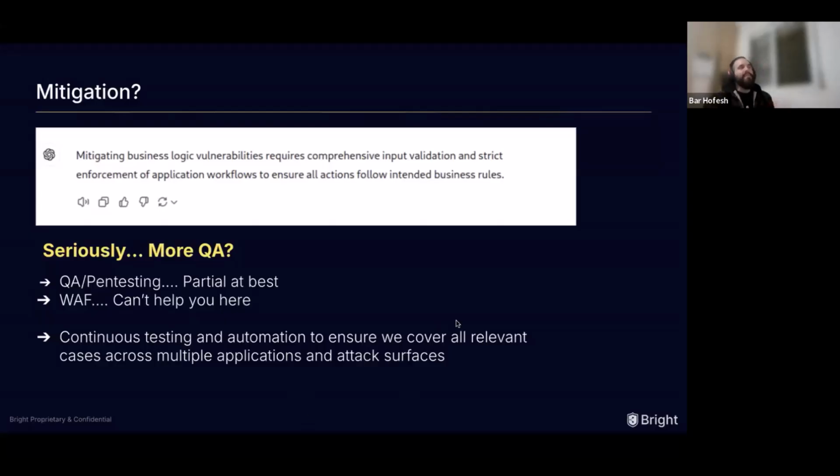But here we come to the root of the issue. If we fall for the common myth, or common thought pattern, that business logic vulnerabilities can only be found by manual work, either of a pen tester or a QA engineer, that means we're leaving our application open.